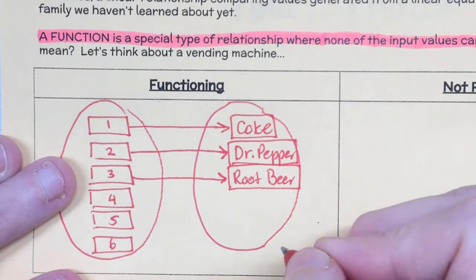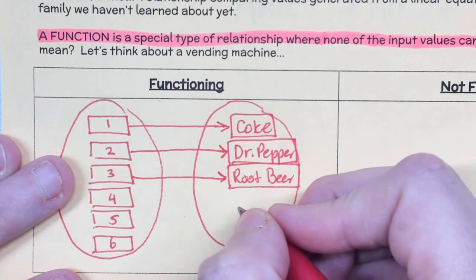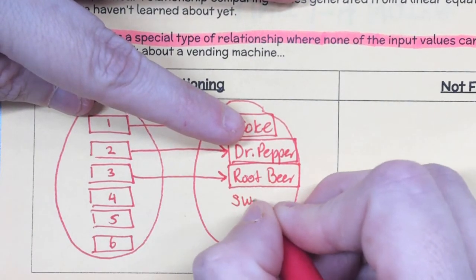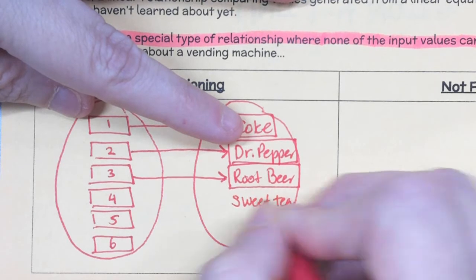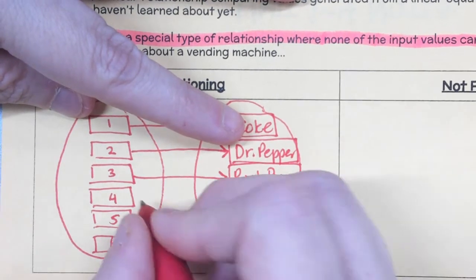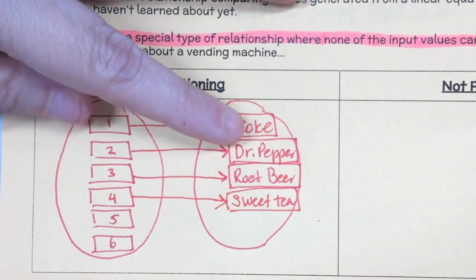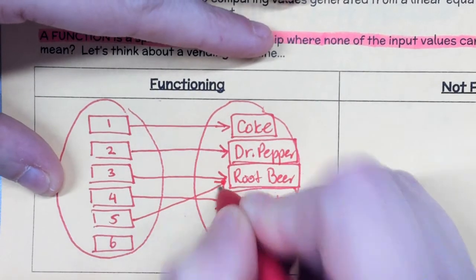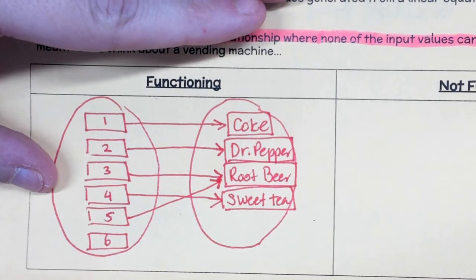You want sweet tea? Brisk? No, I don't like Brisk. I don't either. Okay, let's just do sweet tea because we are from the South. Well, I really like root beer, so I want another whole button for root beer. I want double root beer coming out of this machine.